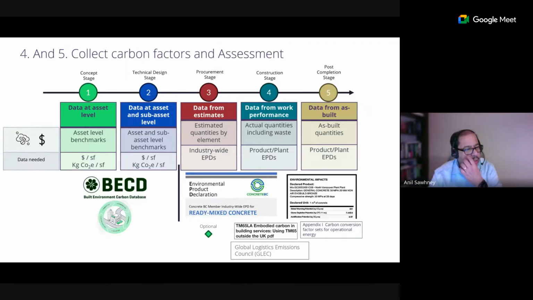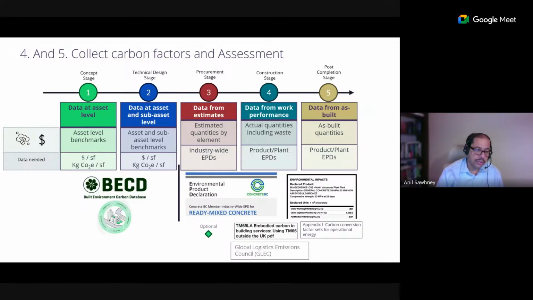So at that stage, you would need asset level benchmarks. How do we do cost estimating in a concept stage? Rupees per square feet, dollars per square feet, right? But for different building types, different floors, different specifications. There's a lot of historical data which we use to do early cost estimates. Similarly, in carbon also, we need those benchmarks. We need that historical data, but that's missing.